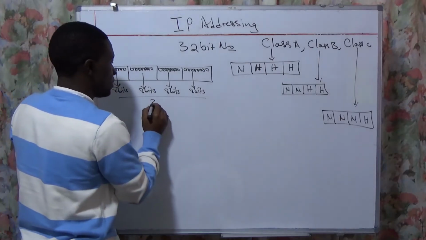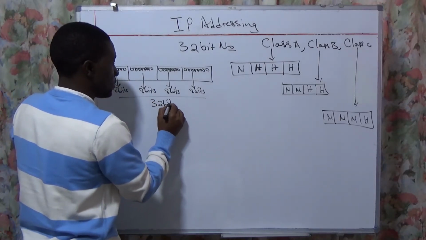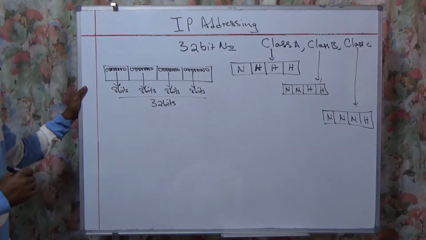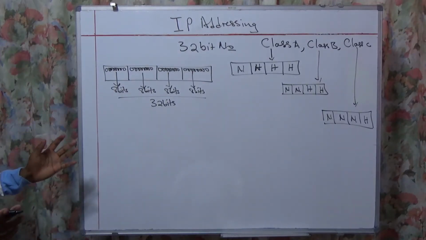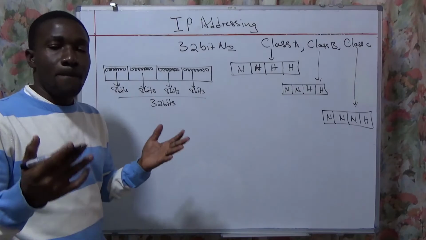This equates to 32 bits. Now, computers understand what we call binary.